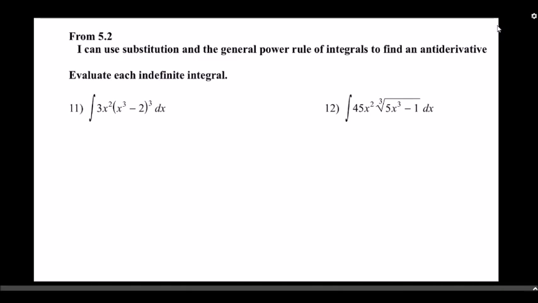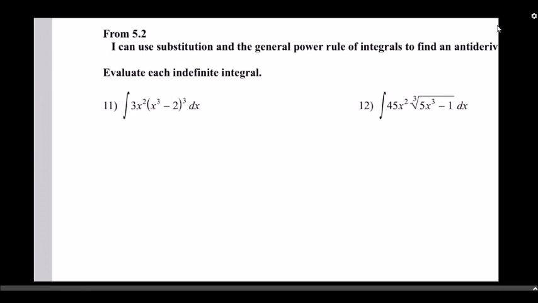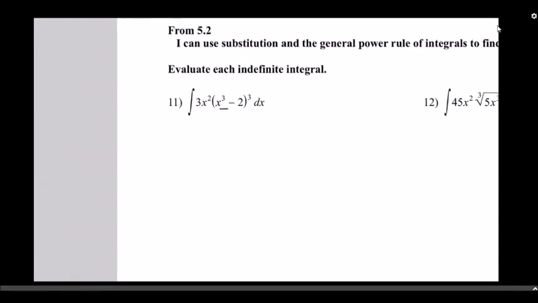We were undoing the chain rule, which means we needed to have a u and then a u prime or a du, u being the inside function, and then du being the derivative of that inside function. For example, here on question 11, we have an inside function here, x to the third minus 2, so we could call this our u function. And then we have the derivative of that inside function here, du.